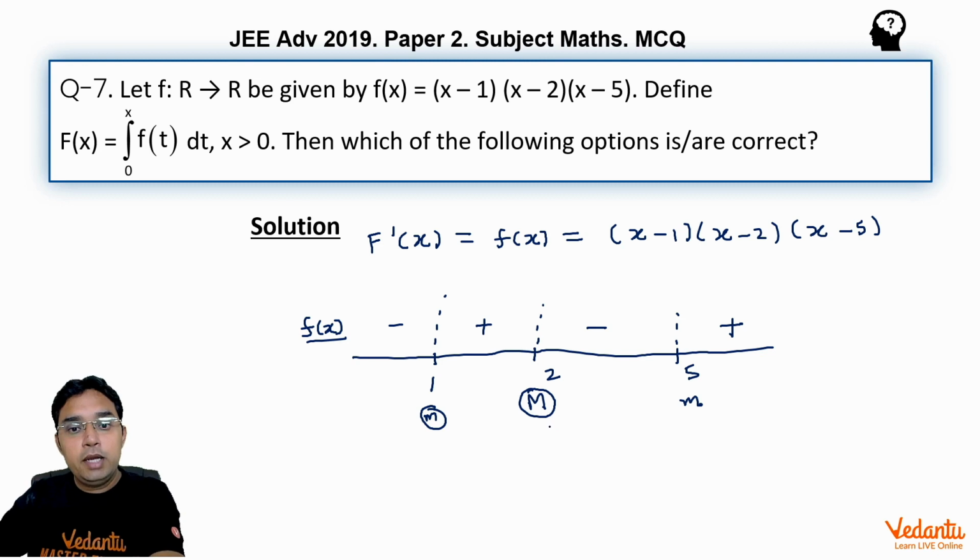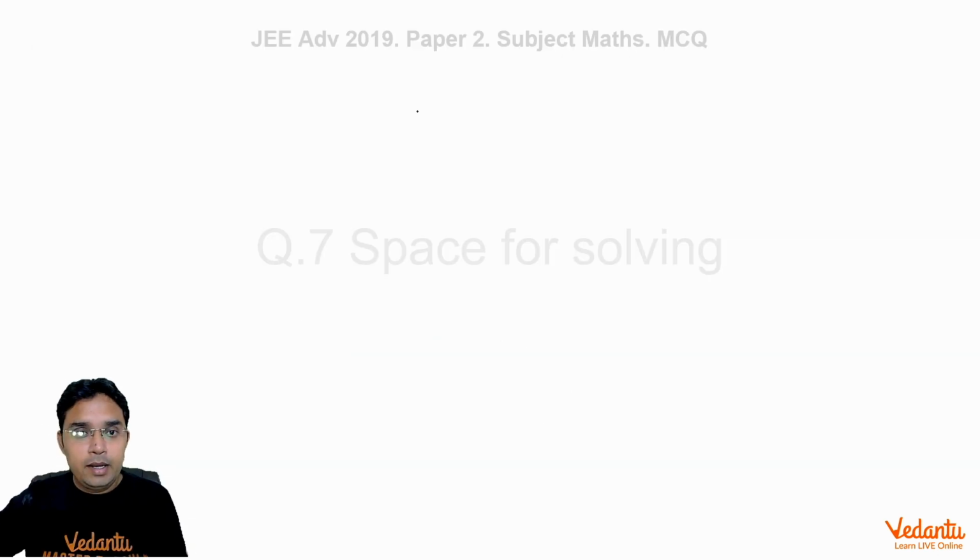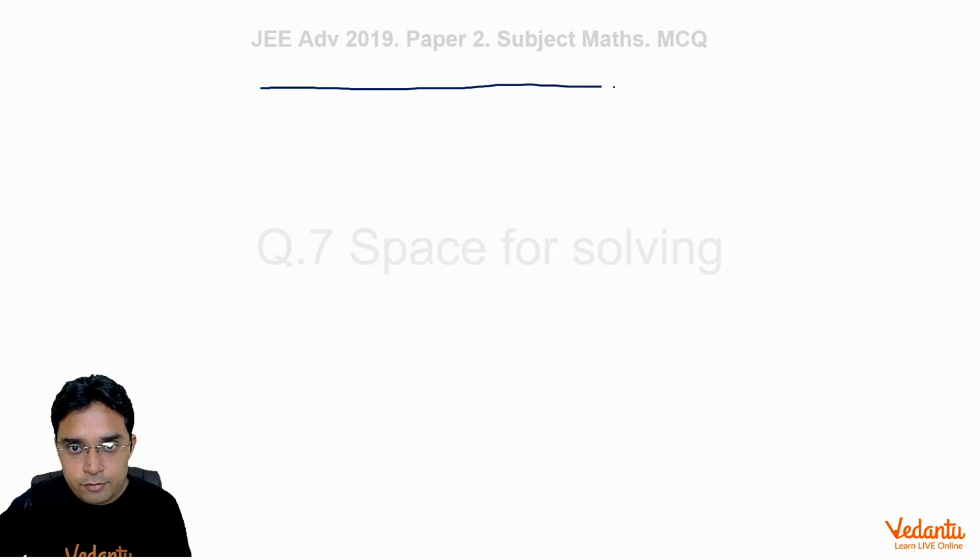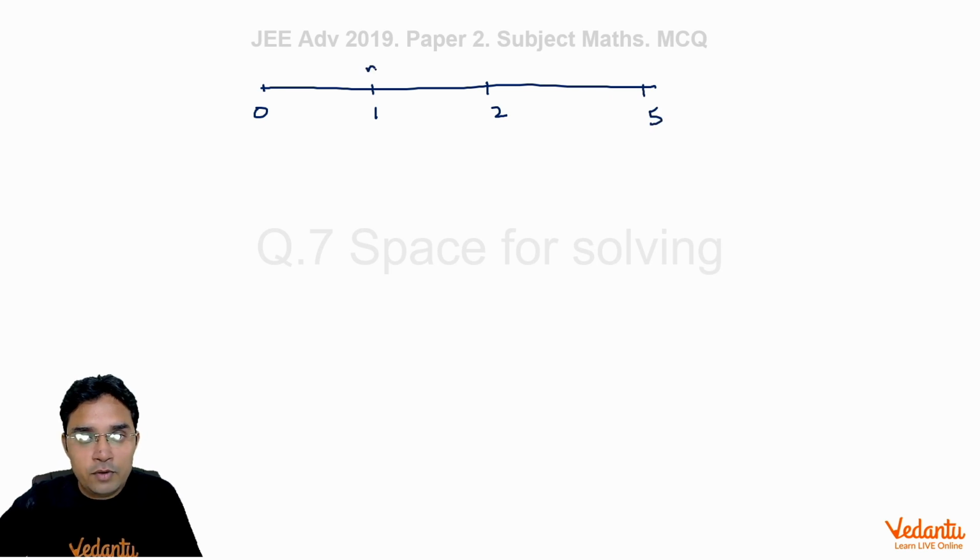Okay. Now coming to D part, it says F(x) is not equal to 0 for all x belongs to (0, 5). Now to understand this, let us make this graph once again. If I start with 0, 1, 2 and 5. We saw 1 was point of minima, 2 was point of maxima, and 5 was point of minima.